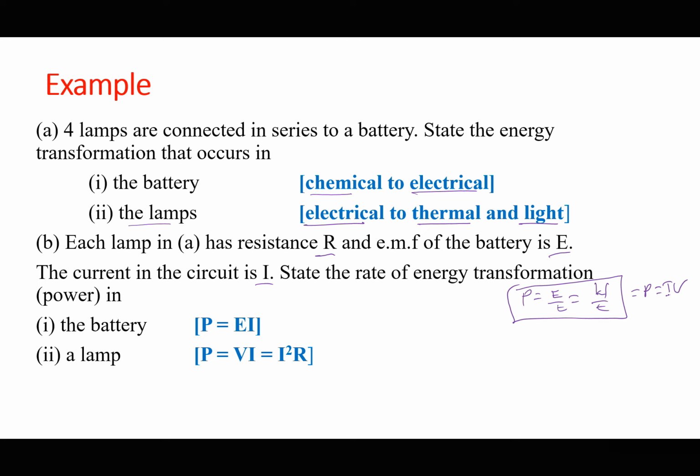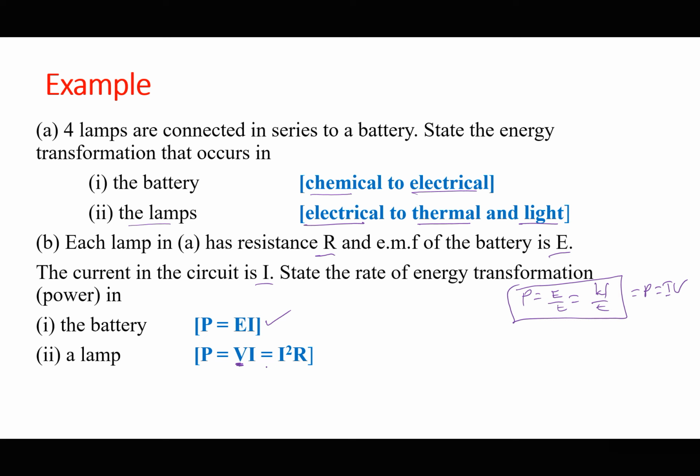If we consider the battery, V is equal to the EMF. That's why power in the battery, or the rate of energy transfer in the battery, is the current times the EMF. But in the lamp, the power dissipated is I times V, where V is the PD across the lamp. Remember I said if the power supply is supplying a current, the PD is less than the EMF.